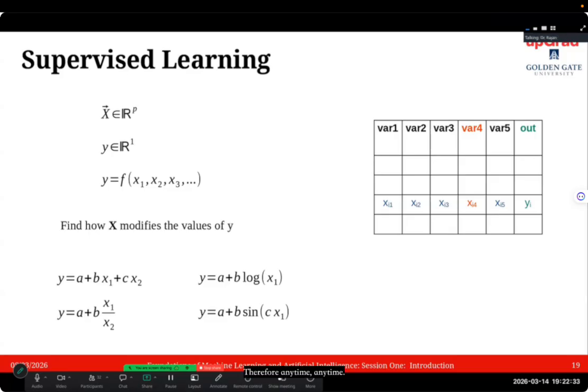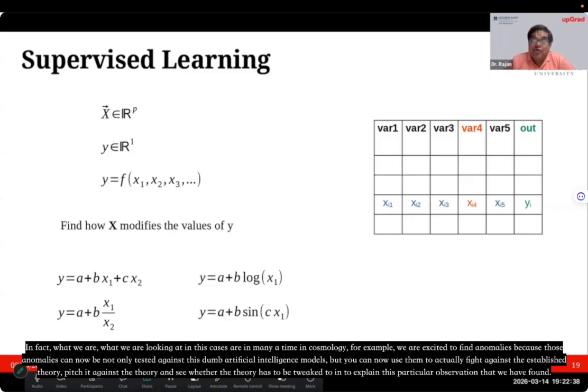In cosmology, for example, we are excited to find anomalies, because those anomalies can be tested against these dumb artificial intelligence models, but you can also use them to fight against the established theory, pitch it against the theory, and see whether the theory has to be tweaked to explain this particular observation that you have found.